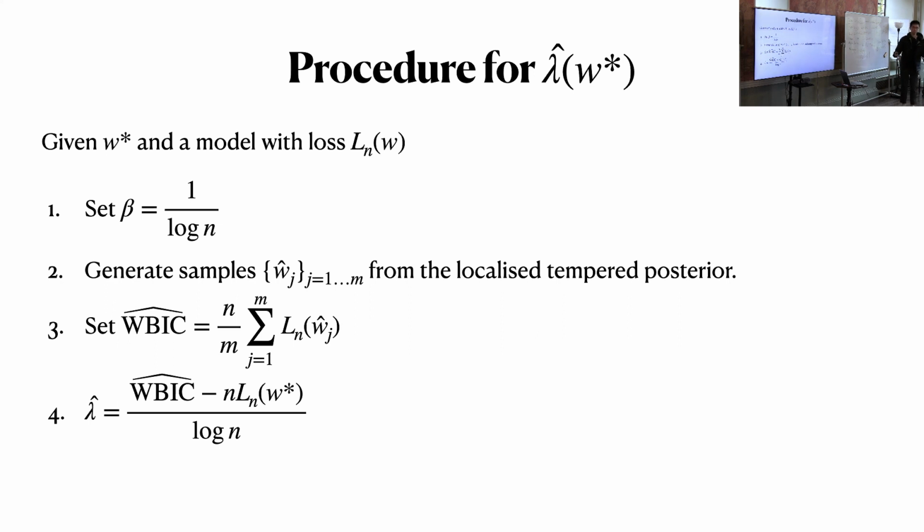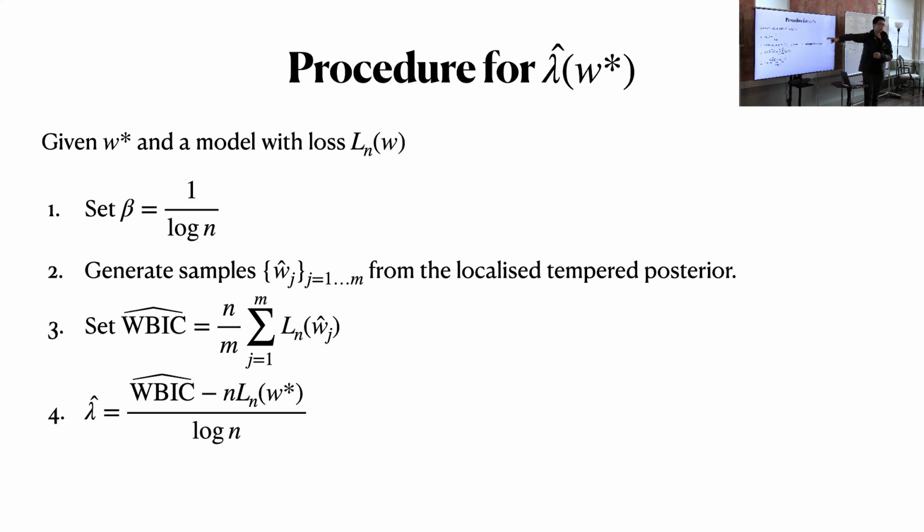This is a proposed procedure. Given that you are at a critical point, a local minimum, or a variant of it, and the model loss function L_n, set beta to be 1 over log n, and generate samples w_j from the localized tempered posterior. Okay, we will look at that.